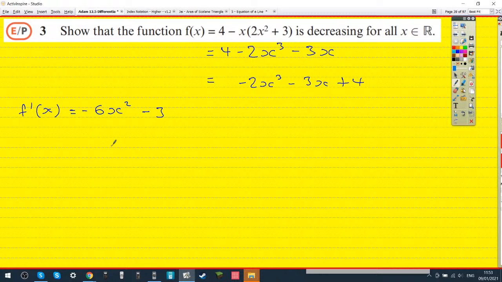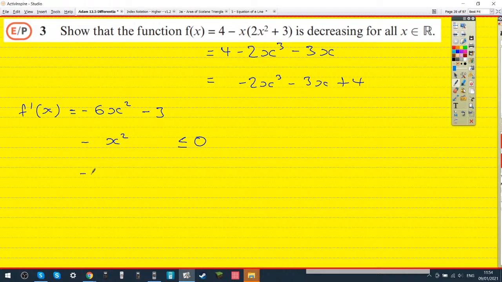Do you need to write out what you did before? Yeah. So minus x squared is less than or equal to 0.